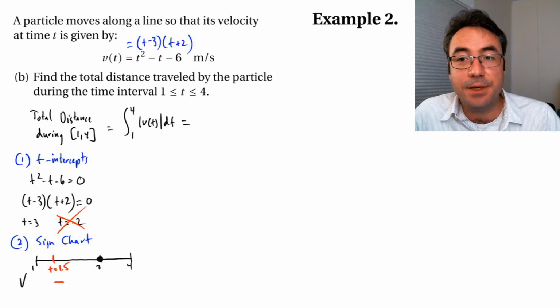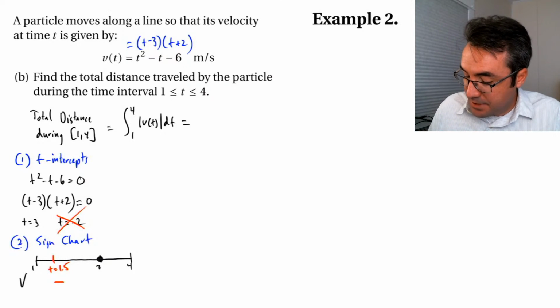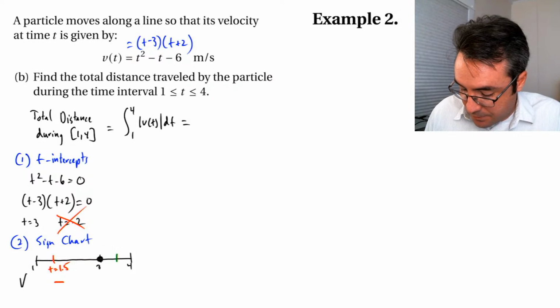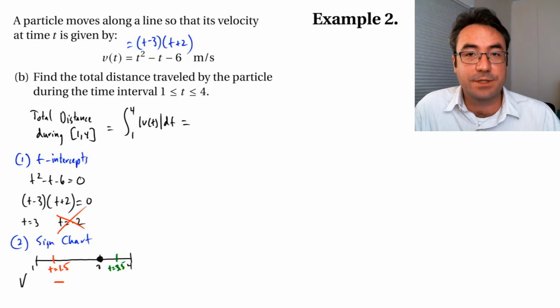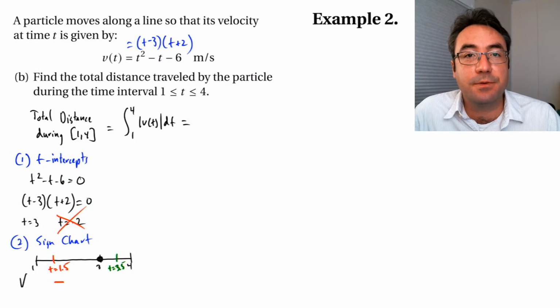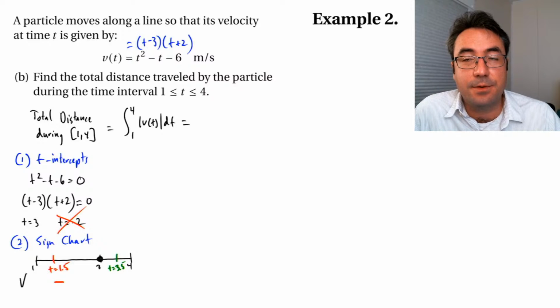Now we go to the second interval, in between 3 and 4. Pick a test number, so maybe like 3.5. Anything in between 3 and 4. Then go up to your factored version of the velocity function and see if you get a positive value or a negative value.